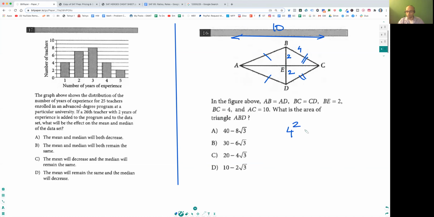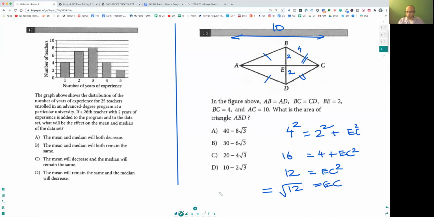4 squared is equal to 2 squared, which is this length. Hypotenuse squared is equal to this squared plus EC squared. So that's going to be 16 is equal to 4 plus EC squared. So that gives you 12 is equal to EC squared, and so EC is equal to the square root of 12.